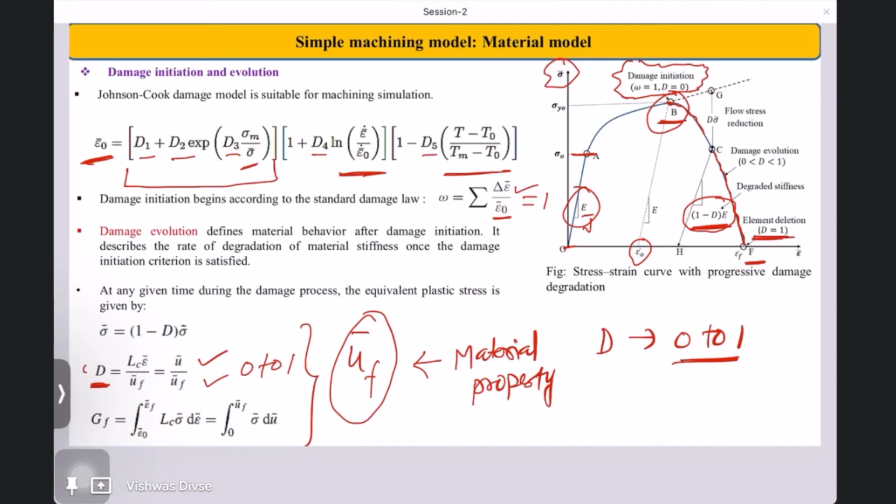And this D value will go in this equation. So if D equal to 0, you can see your effective stress sigma tilde will be the same as sigma bar. And if D is 1, 1 minus 1 is 0, which means your flow stress will be 0, sigma bar will be 0, right? So for D equal to 1, sigma bar will be 0, which means that point is F.